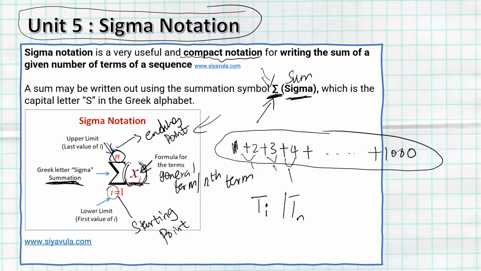Maybe if here on top I have 50, it means I'm going to end on t equals 50. So that's basically what we are saying, and this notation is called what? Sigma notation. Okay, let me just explain further in the next slide.